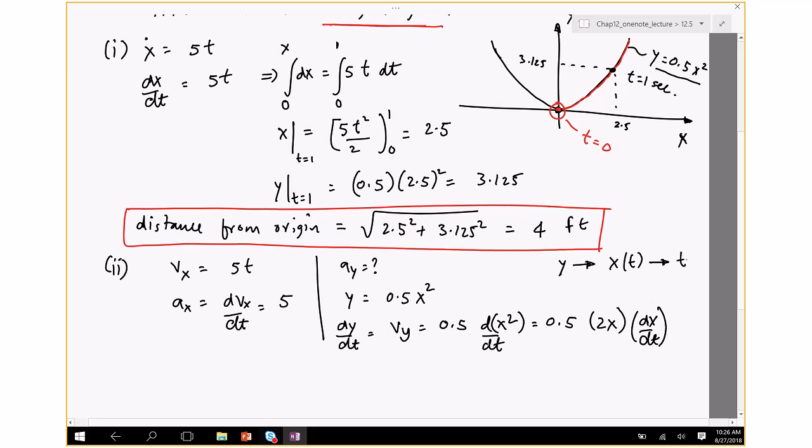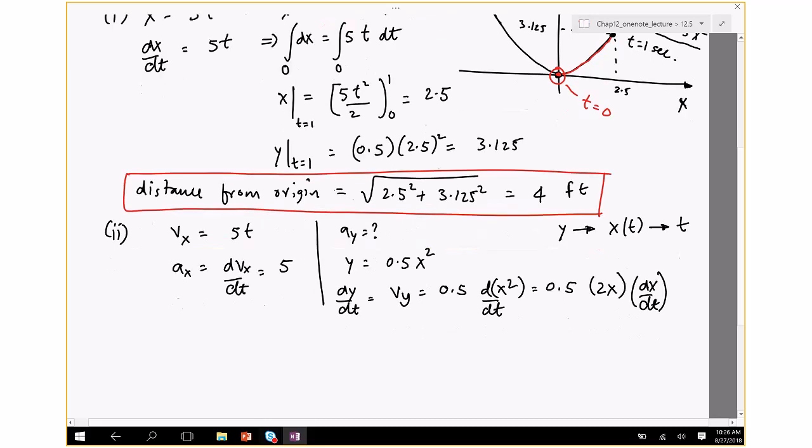So when you take the derivative of y with respect to t, another way of thinking of this is you can write it as the derivative of x squared with respect to x times dx dt. What rule is this called? Is that chain rule? Okay, so you can use chain rule. I'm doing this only because x is a function of time.